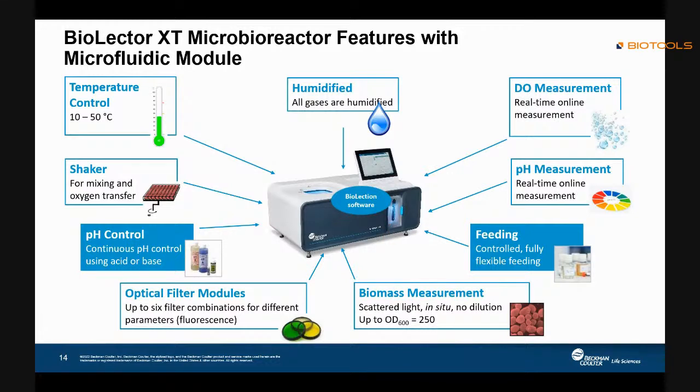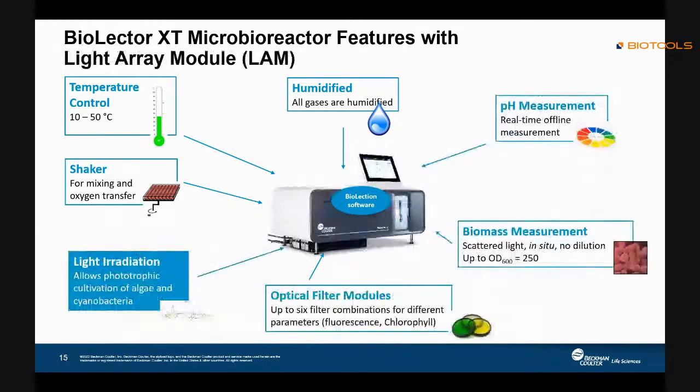Besides the microfluidic module, we also have another one called the light array module, which is specially for light irradiation, and it allows, for example, algae and cyanobacteria, which are more sensitive to light, to be studied. If we are using different light, we can see what the differences and changes will be. Basically the measurement is the same, but we can add different things for that.